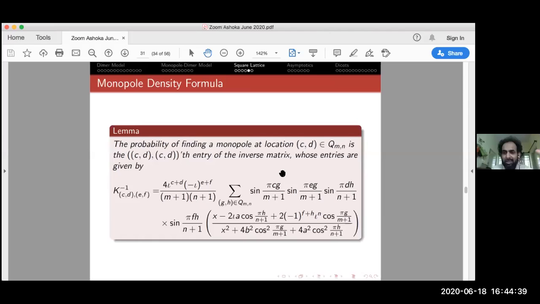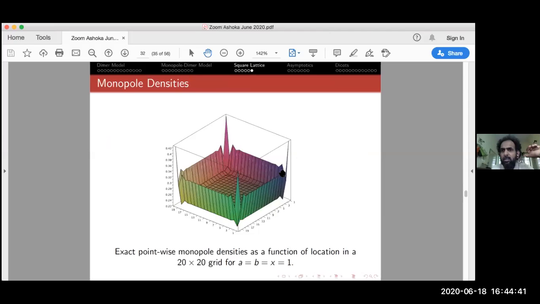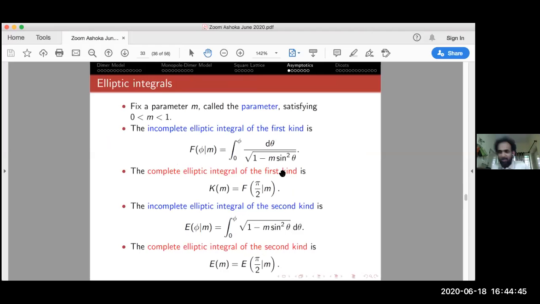Okay, maybe let me not get into this, because you guys are special functions people, so I should at least spend some time on special functions. What I want to do is give you a flavor of the asymptotic analysis that goes here.